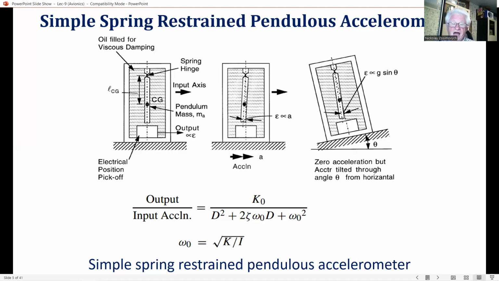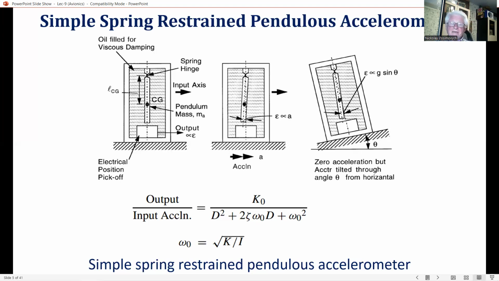The acceleration input range thus determines the spring stiffness or rate, and hence the bandwidth of the sensor. For example, consider an accelerometer with a maximum input range of, say, plus or minus 10 g and an undamped natural frequency of 25 Hz.